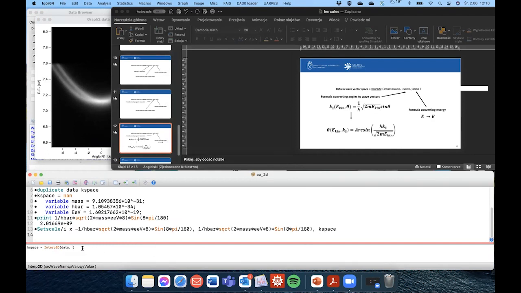Okay, and we have to type this equation. Here is the K, so that means we will refer to the quantities on the y axis.